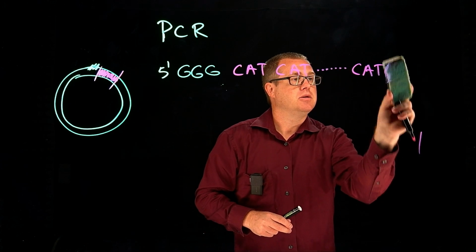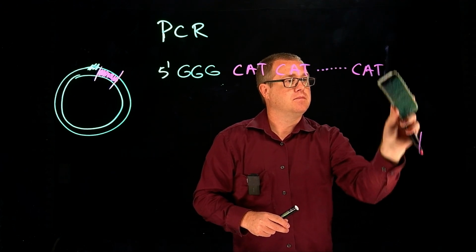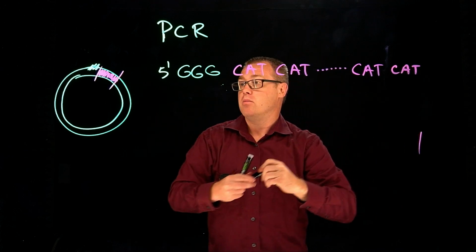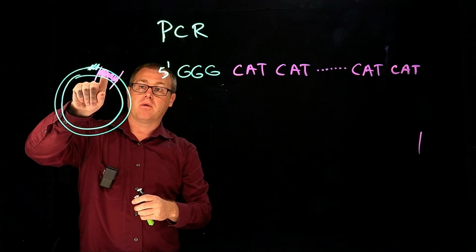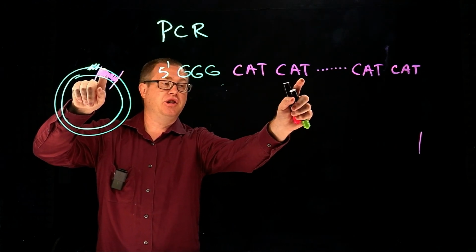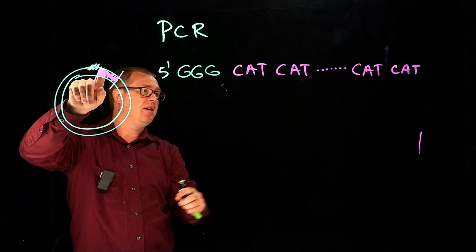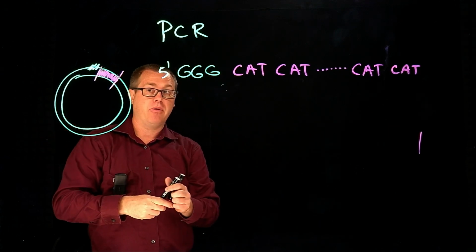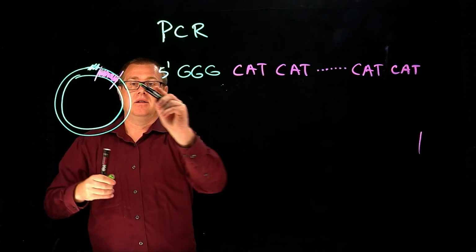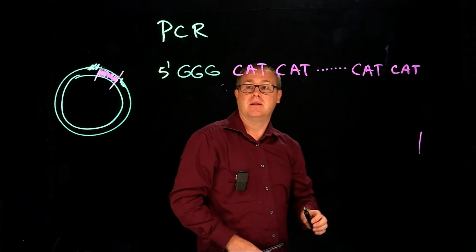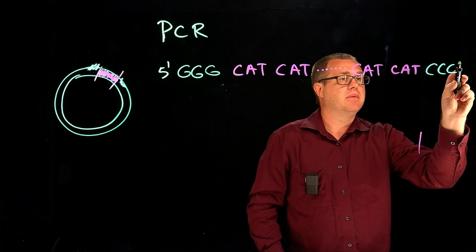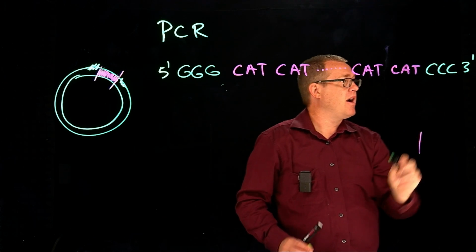Now these first two CATs are right about there, and these last two are right here. And now we need to put in the little bit right there, and that's going to be CCC. And that would be the 3' end.